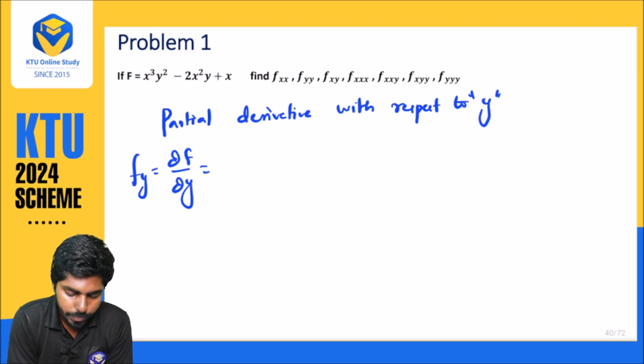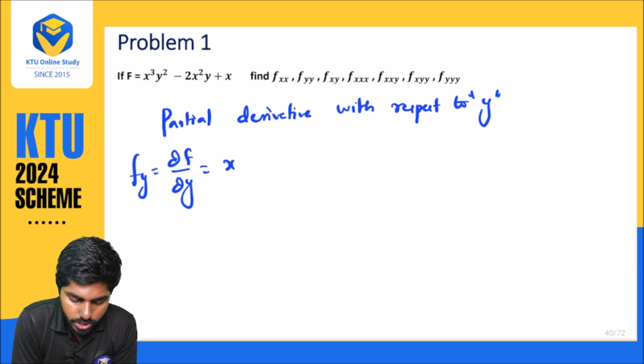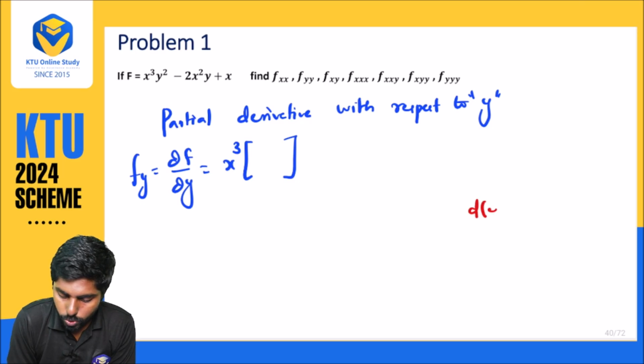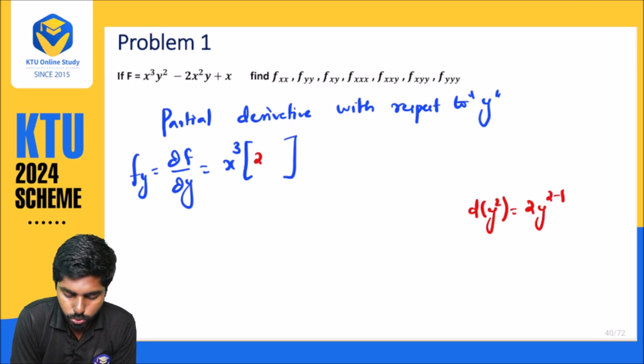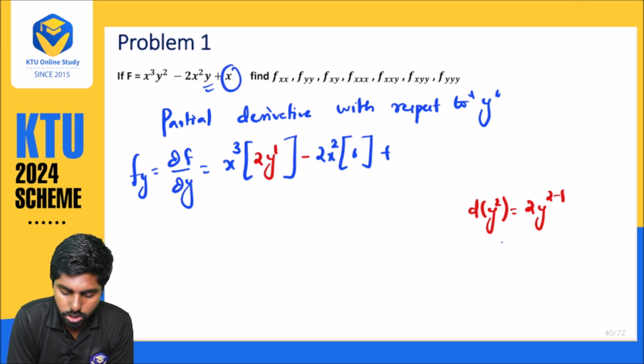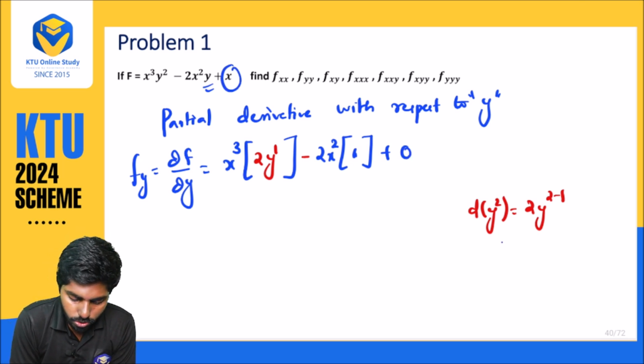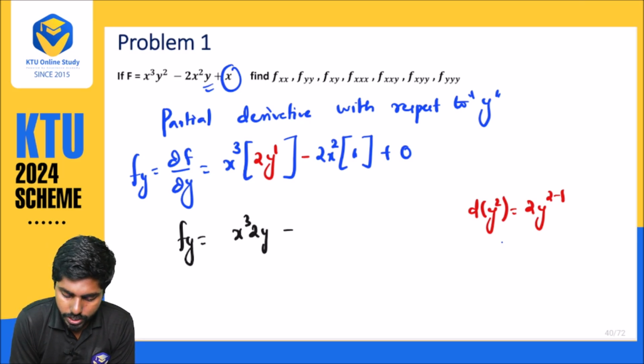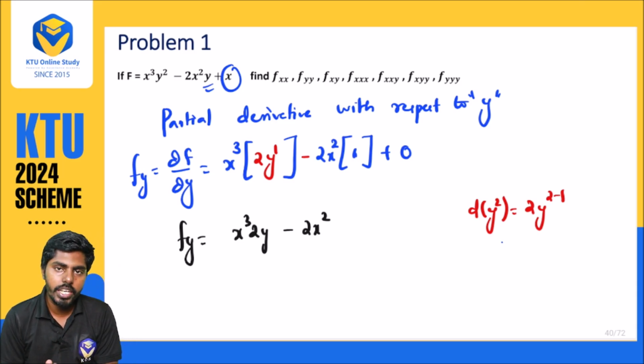Partial derivative with respect to y: taking y as the variable, x cube is outside. The derivative of y square is 2 into y power 2 minus 1, so it will become 2y. Minus 2x square is constant, so the derivative of y is 1. x square, x is constant, so it will become 0. So f of y we are getting x cube 2y minus 2x square.